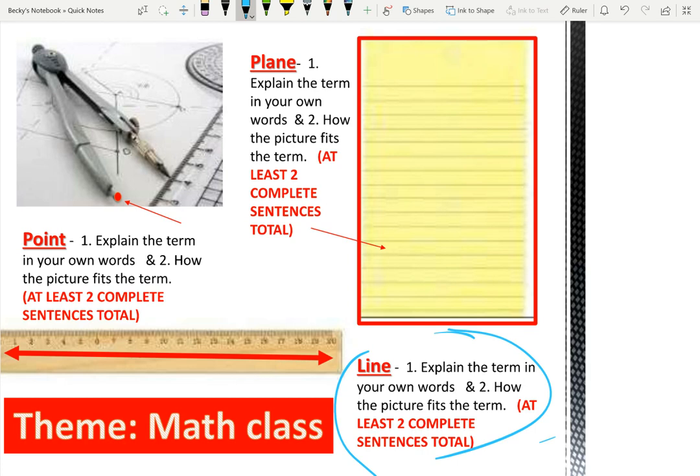So there's not a definition for a line. So you're going to just explain to me what you think a line is. Okay, and then you're going to tell me how the picture fits the explanation you just gave. So there's going to be at least 2 sentences for 3 pictures. So you're writing 6 sentences total.